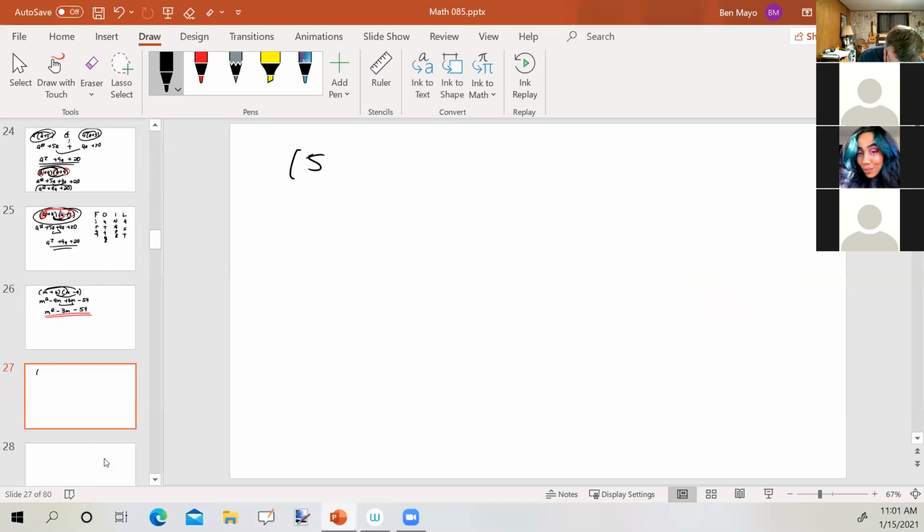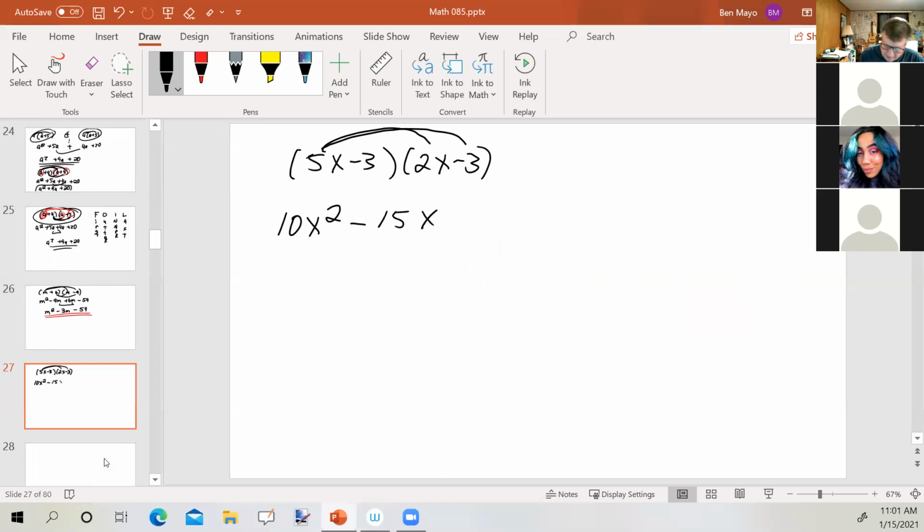I have 5x minus 3 times 2x minus 3. So that gives me 10x squared. 5 times 2 is 10. X times x is x squared. 5x times minus 3 is minus 15x.